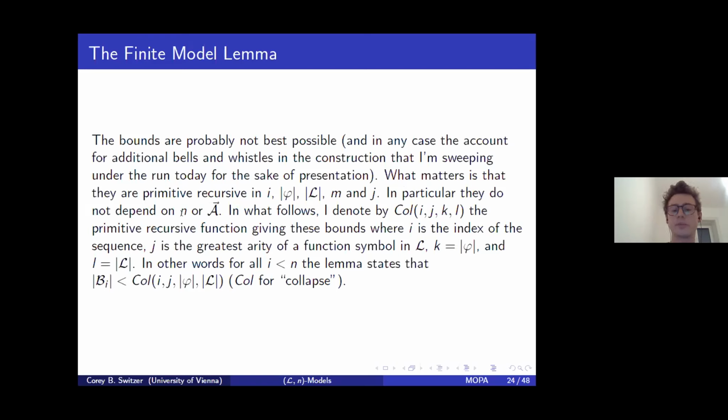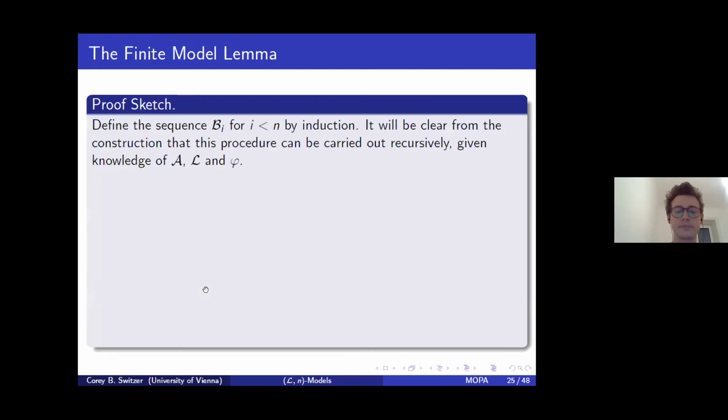And so in particular, it doesn't depend on N or A. So I'm going to denote this bound, this primitive recursive function, by col(I, J, phi, L). It stands for collapse, because I think of this as a sort of collapse of this bigger structure A. So the lemma states that the size of B_I is at most col(I, J, phi, L).